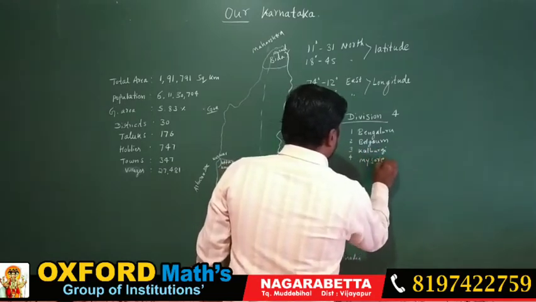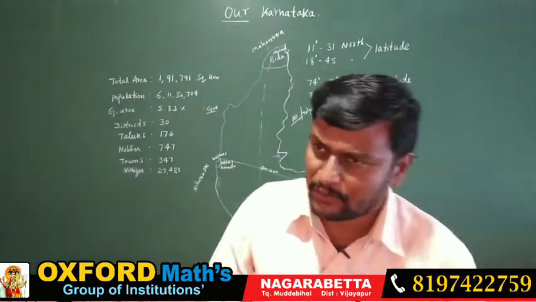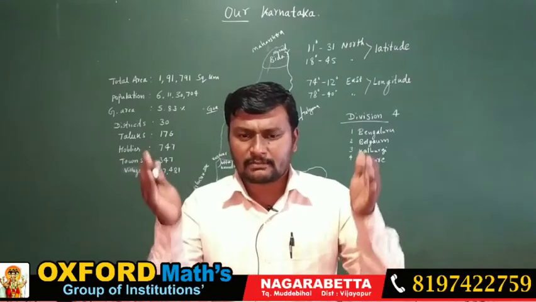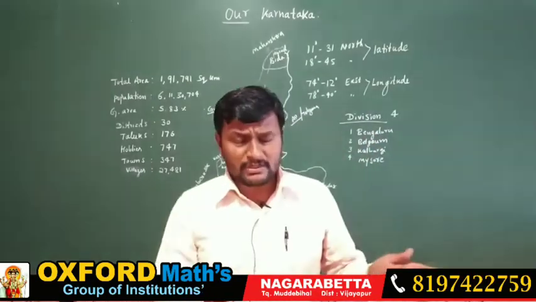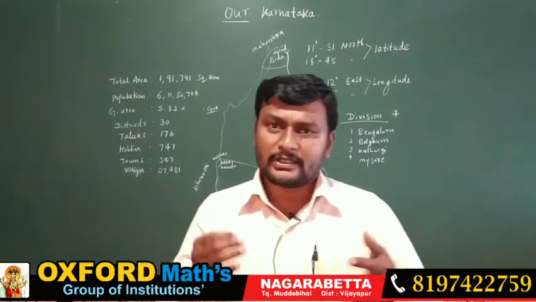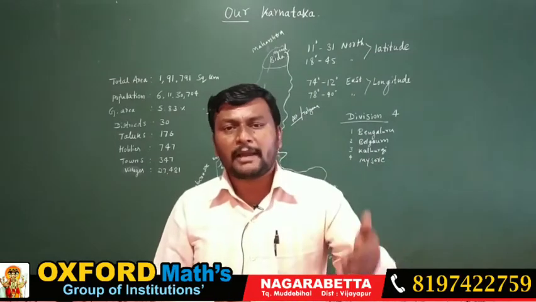Like this, we divided Karnataka into 4 administrative divisions. In each division, some taluks will come. Every division has commissioners, and they solve the problems of administrative matters.